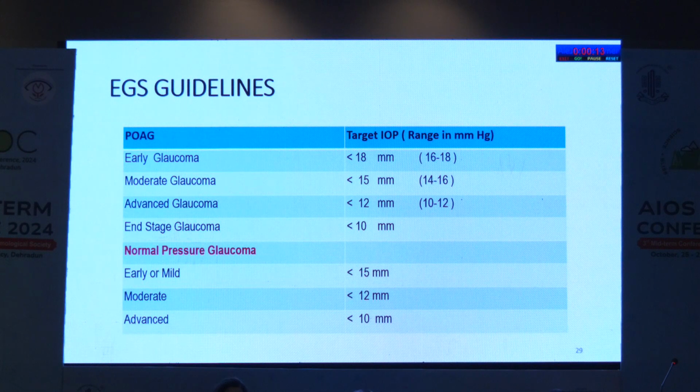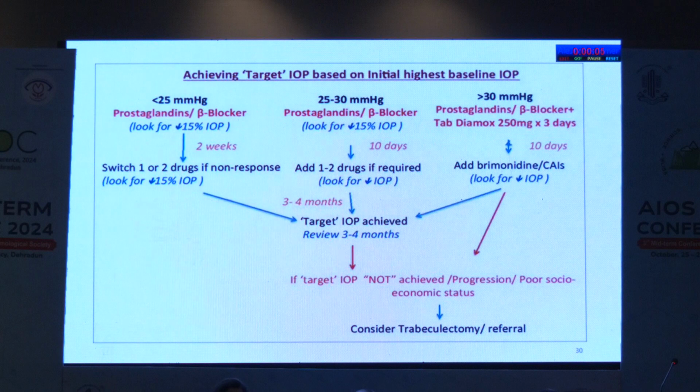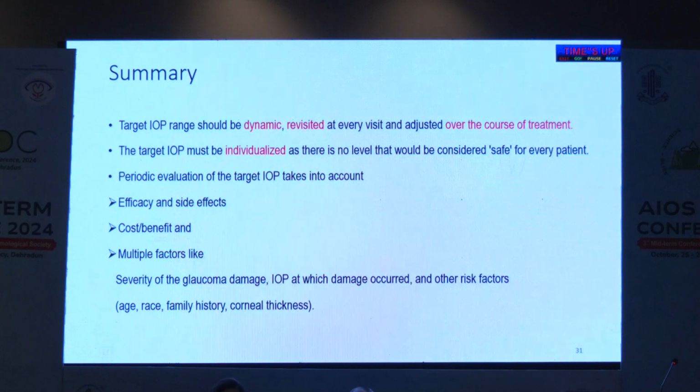Early glaucoma, moderate and advanced glaucoma, the target IOP ranges would be different. NTG, again, the ranges would be different. You would like to have a combination of drugs to reduce IOP, or if that doesn't work, for example target not achieved or progression or poor socioeconomic status, you need to consider trabeculectomy.